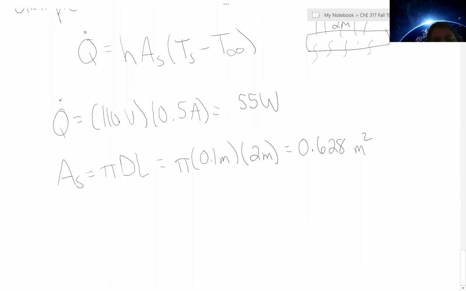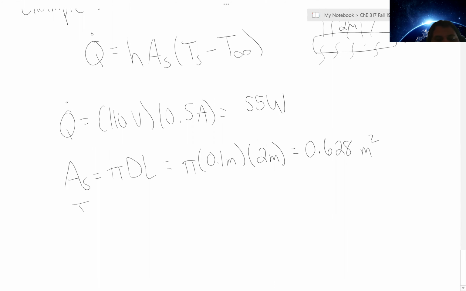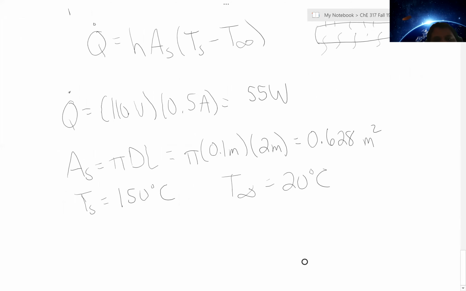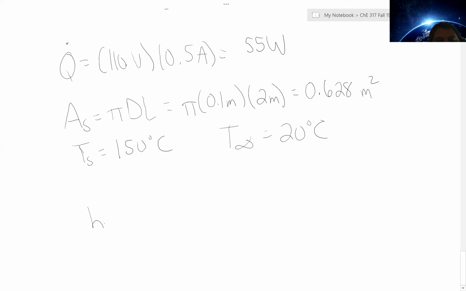So all I'm left with, I know the surface temperature is 150 degrees C. The room temperature is, what did I say, 20 degrees C. With that in mind, I can rearrange Newton's law of cooling and write it in this form: h equals Q over A sub s divided by (Ts minus T infinity).